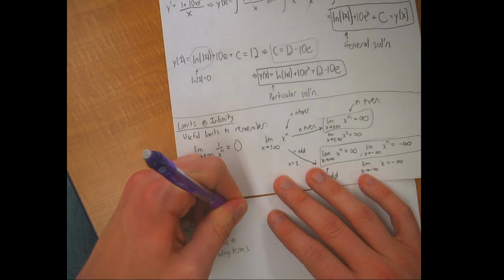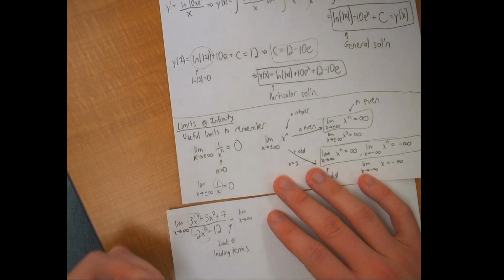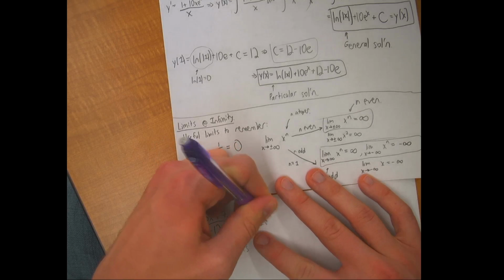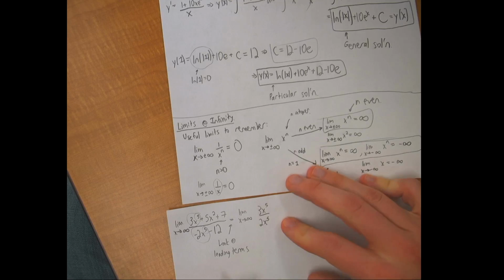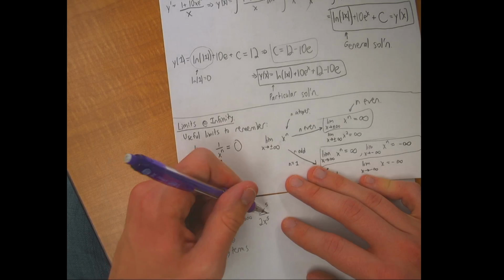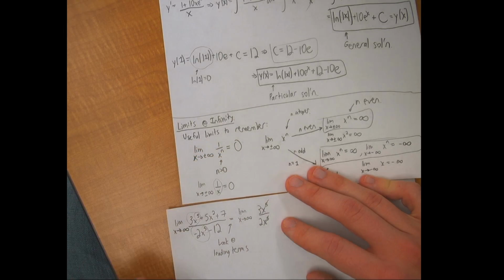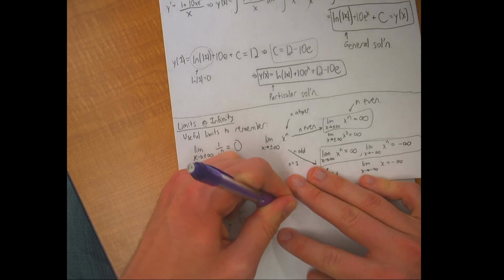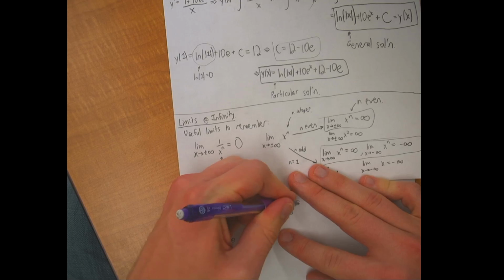So as a result, we have the limit as x goes to positive infinity of 3x to the fifth over negative 2x to the fifth. That should simplify relatively nicely. We have x to the fifth on top and bottom, so these cancel each other out. You have the limit as x goes to infinity of 3 over 2.